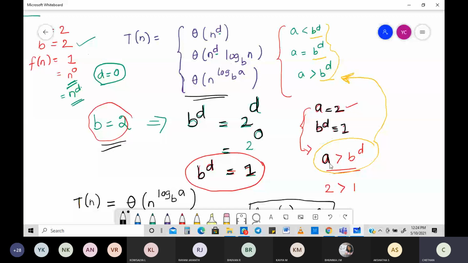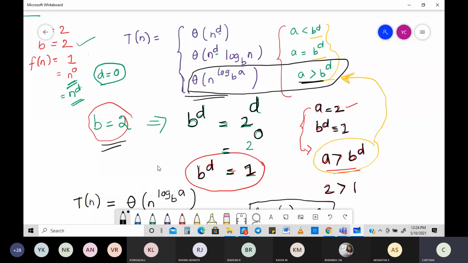So based on that, a is greater than b to the power of d, which satisfies the third condition. So I put that here: T(n) is equal to theta of n to the power of log b a.